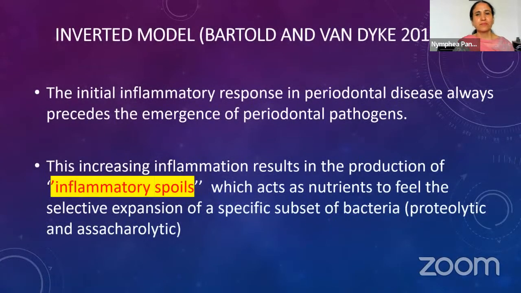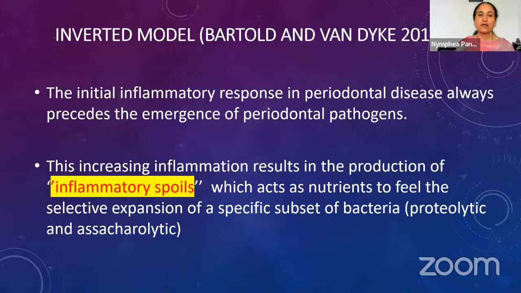Now in 2019, we went 180 degrees. We had an initial idea in the revised model of Bartold that inflammation is important. But in the 2019 model by Bartold and Van Dyke, they said that inflammation is the only thing that is important.